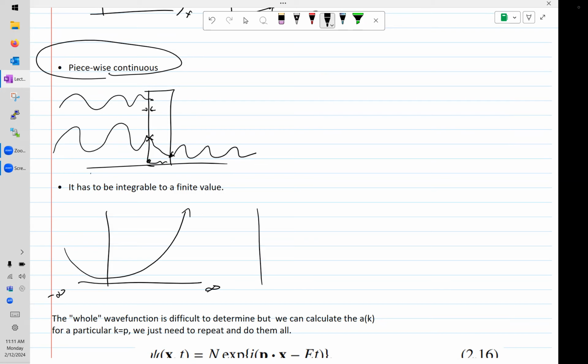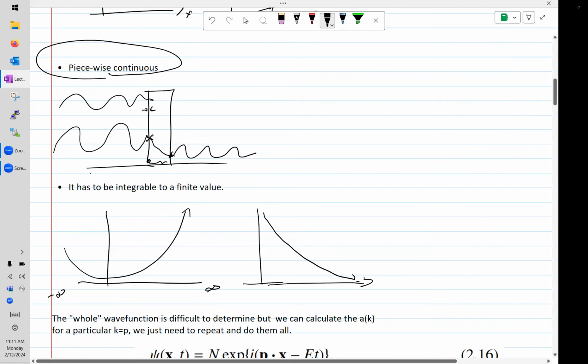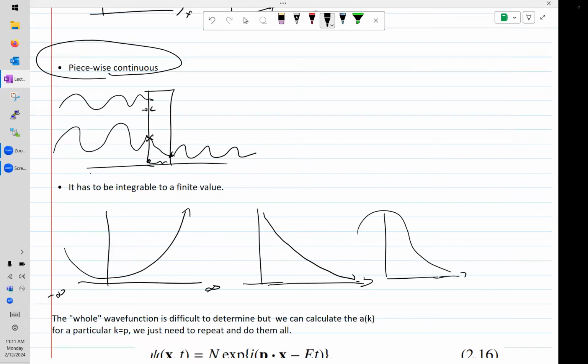Another one integrates to a finite number, like maybe an exponential decay, or Gaussian. These all integrate to finite numbers when you go from minus infinity to positive infinity. It has a definite probability you can calculate. Or with infinities, how are we going to calculate that?